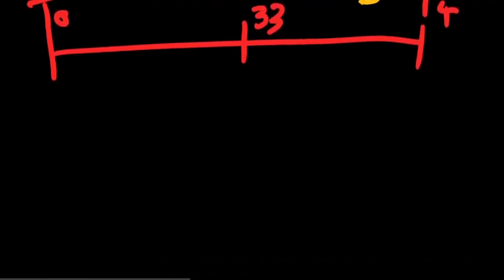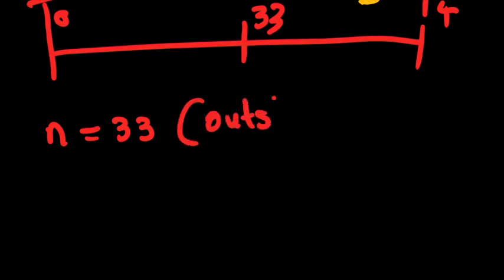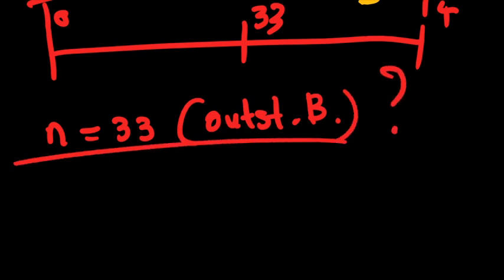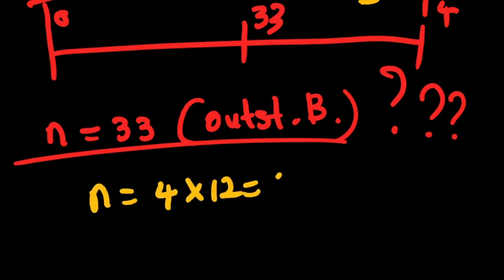So this is how you do it. You ask yourself the question, what's the outstanding balance after 33 payments? What you're going to do is first identify your total number of payments, which is the 4 years multiplied by 12, which is equal to 48.